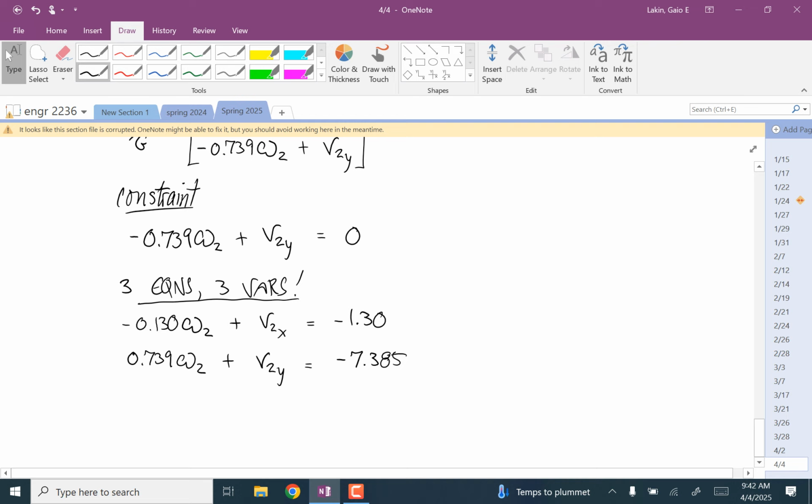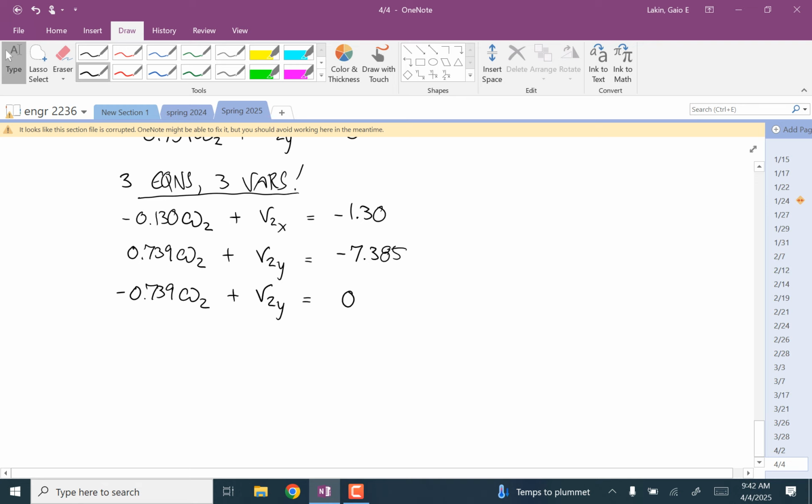And our third equation says negative 0.739 omega 2 plus V2y is equal to 0. Okay, so now you could use reduced row echelon form to solve this. It looks like actually this wouldn't be too bad to just solve by substitution, but I'm going to plug it in.